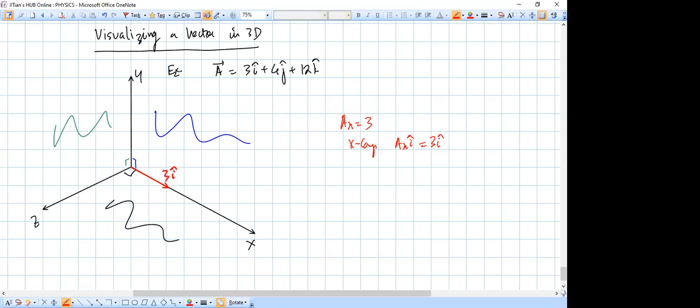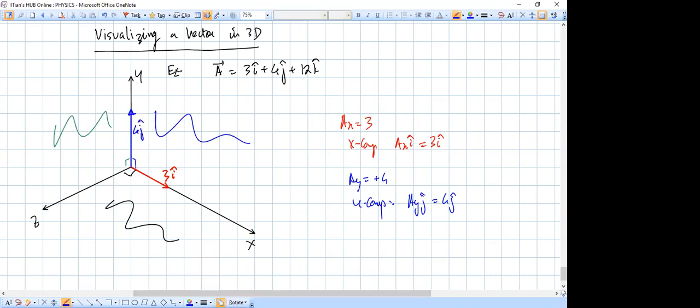Now similarly, the Y component in my example is plus 4. This is 4j cap. So in my diagram, where will that be now? If I draw it from the origin, it will be this. This is 4j cap.